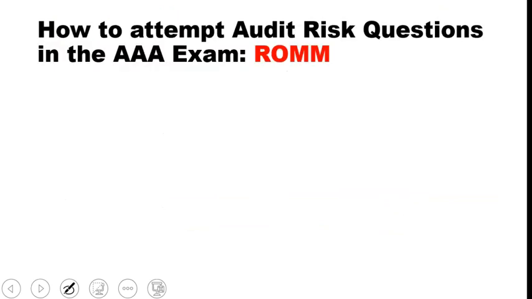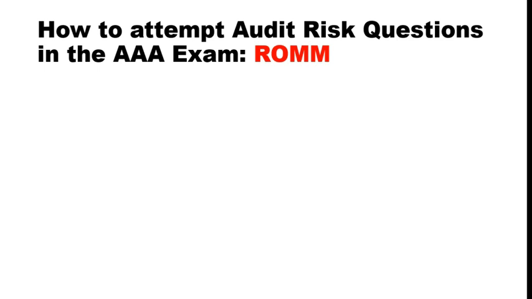Now let's move on to a more pedantic area, that is the issue of attacking exam questions. All right, how do you attempt an audit risk question in an AAA exam? Let's start with the ROMM, the risk of material misstatements.